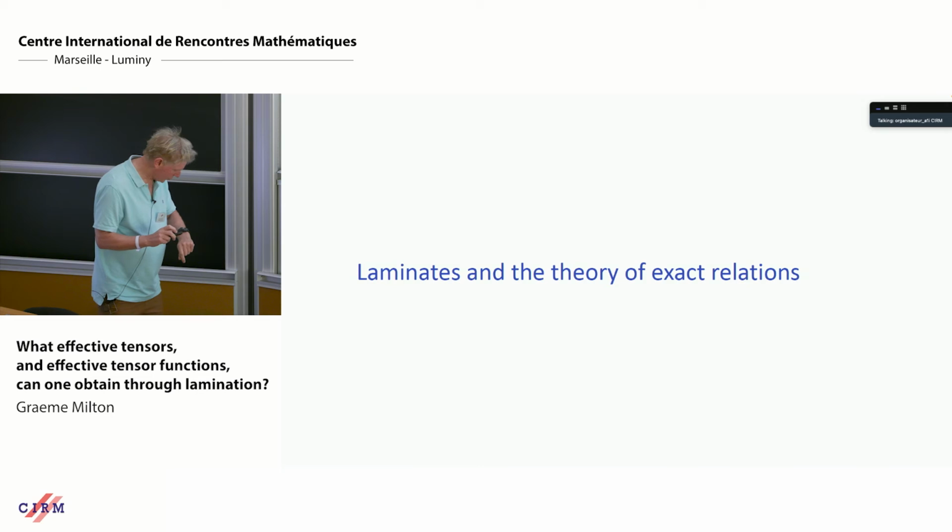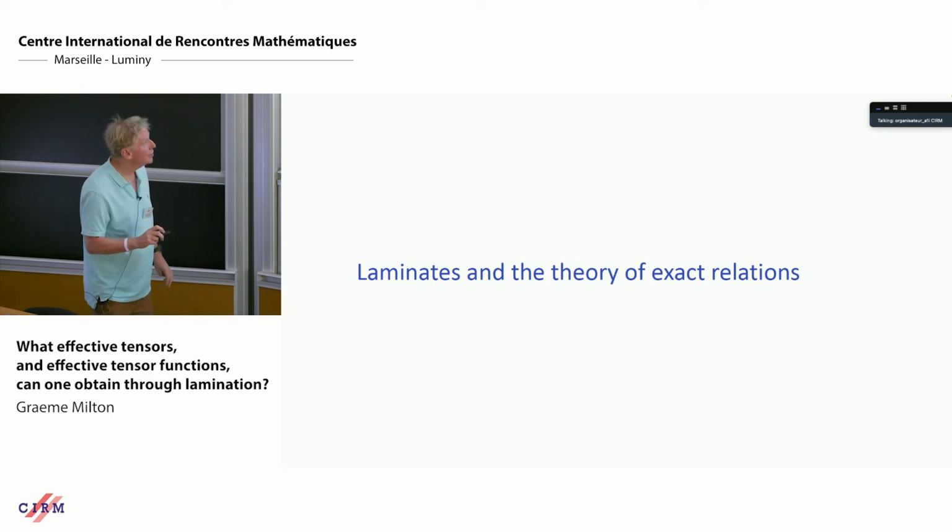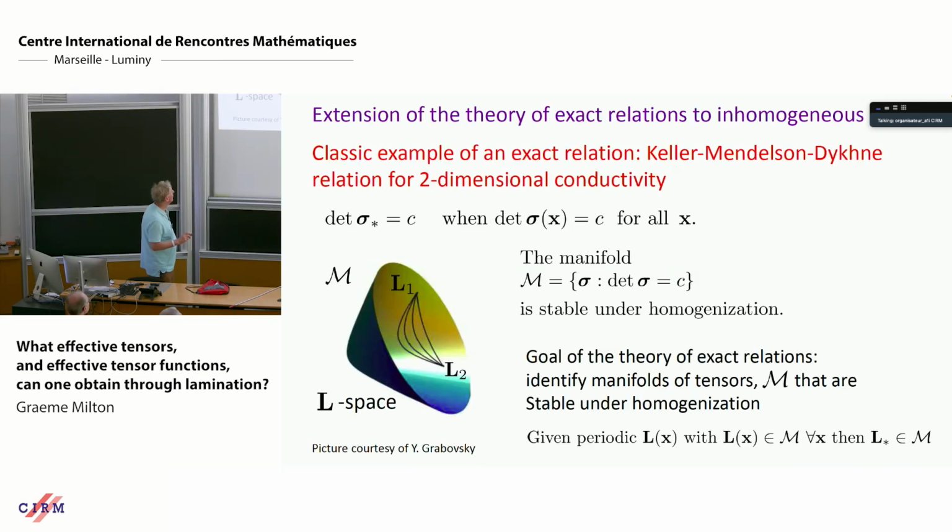So now I want to talk about laminates and the theory of exact relations. The idea of exact relations is that there's some sort of manifold when you have two tensors, L1 and L2, and these could depend on the property that you're considering.